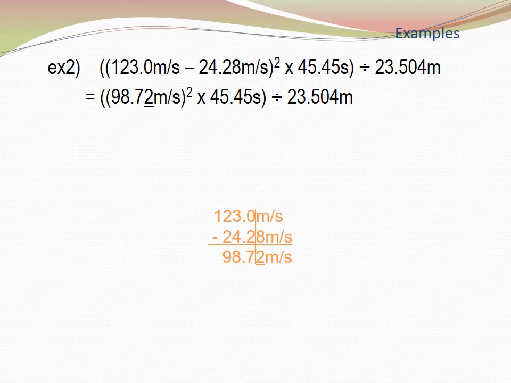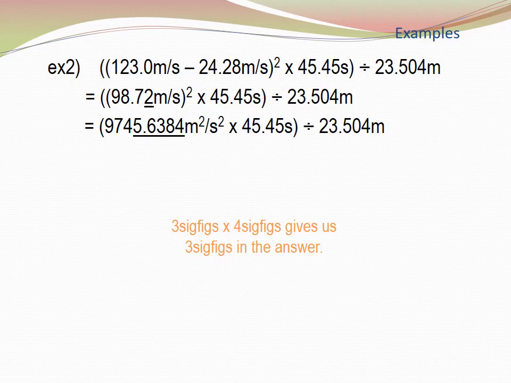Now I'm going to have to square what's inside of brackets here. And that's just multiplication. 3 sig figs multiplied by 3 sig figs gives me 3 significant figures. My calculator says 9,745.6384, and I'm going to underline everything except for the first three numbers that can be significant figures. So I know that only has 3 sig figs.